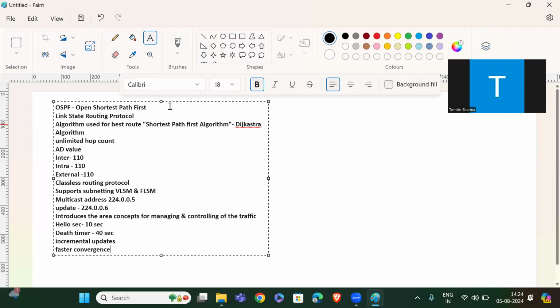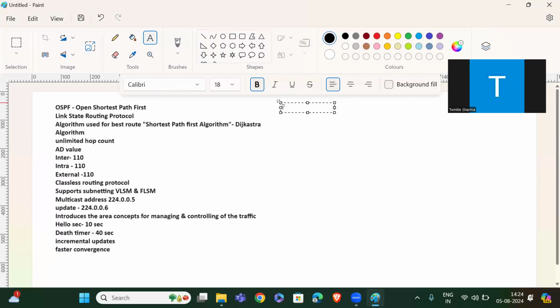Then, what are the packet types in OSPF, or we can say messages in OSPF. First is the hello message, which has multicast ID 224.0.0.5.